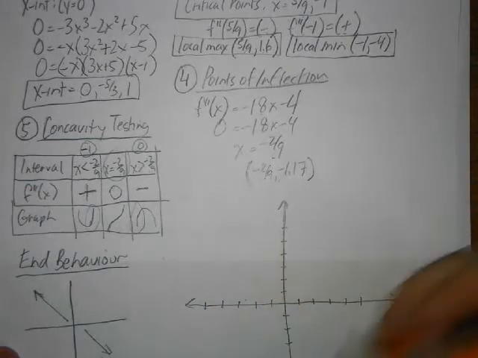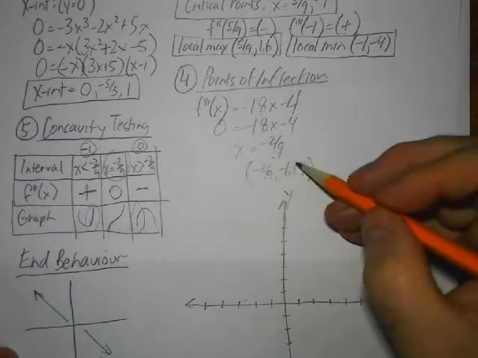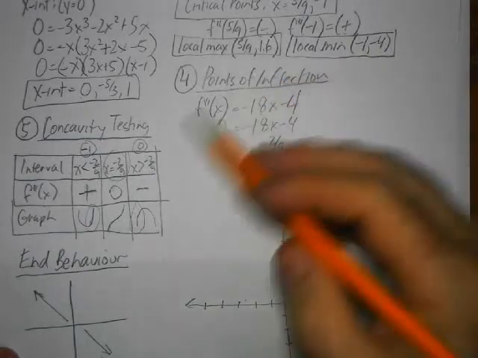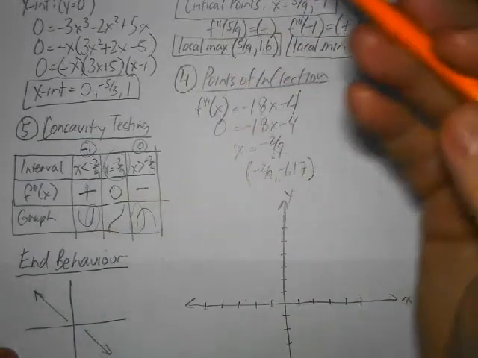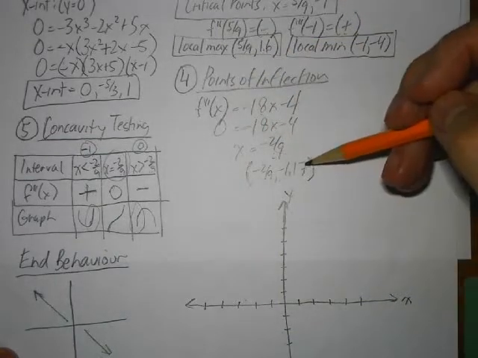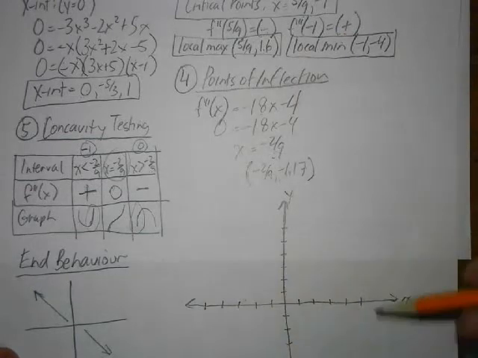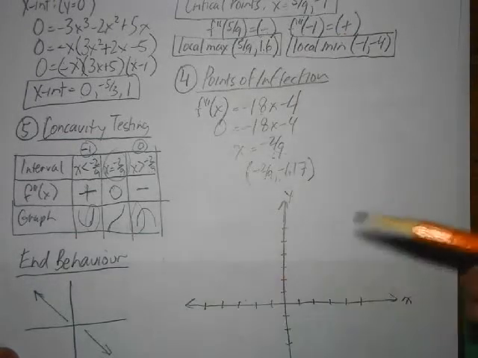When you're making your grid, it's important to look at the points that you have: x-intercepts, y-intercepts, local mins and maxes, points of inflection. Make sure that you've made your grid in an appropriate scale so that you can actually see them and you don't have to redraw it.